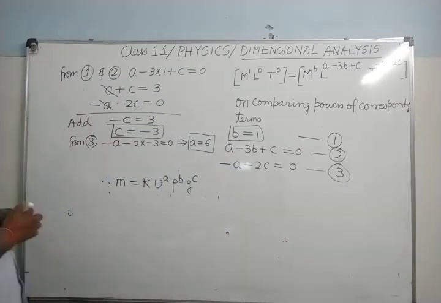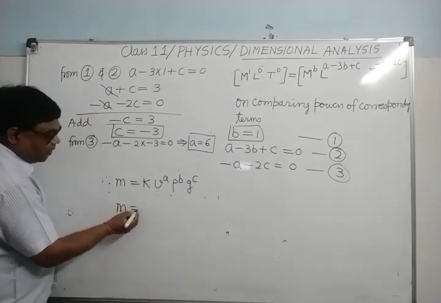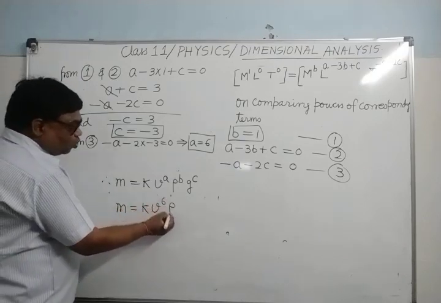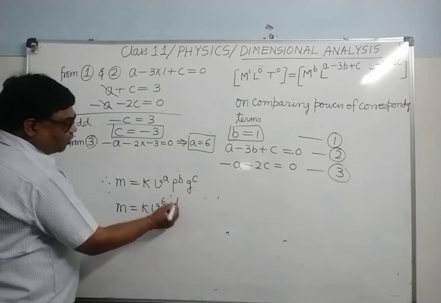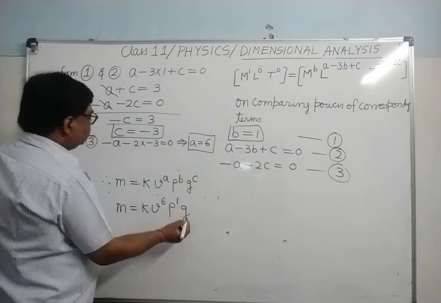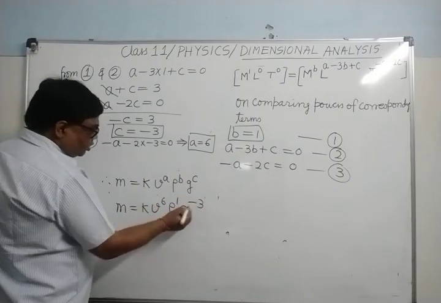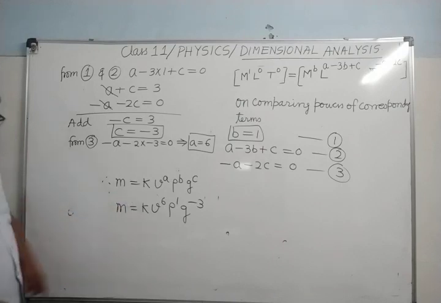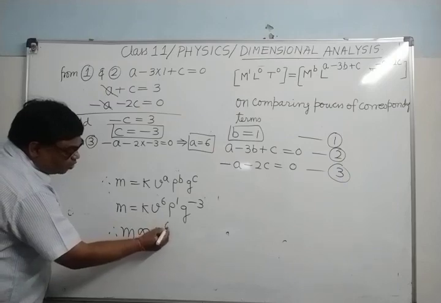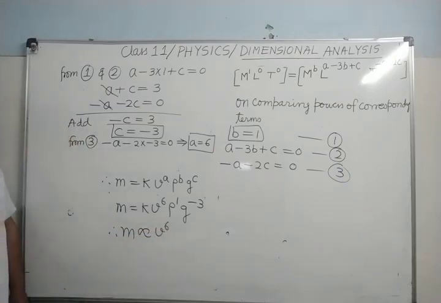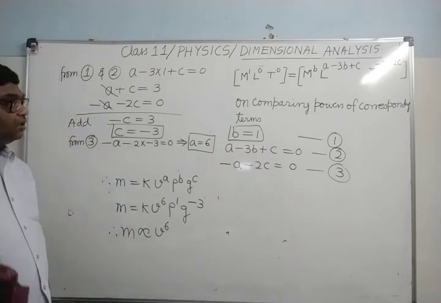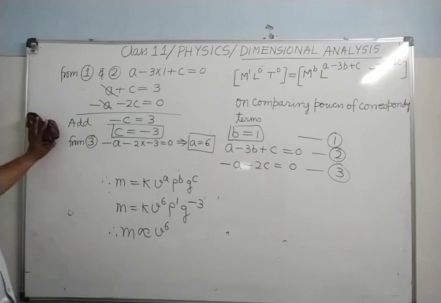It will be m equals k v to the power 6, rho to the power 1, and g to the power minus 3. So from here you can deduce that m is directly proportional to v to the power 6. This relationship can be deduced.